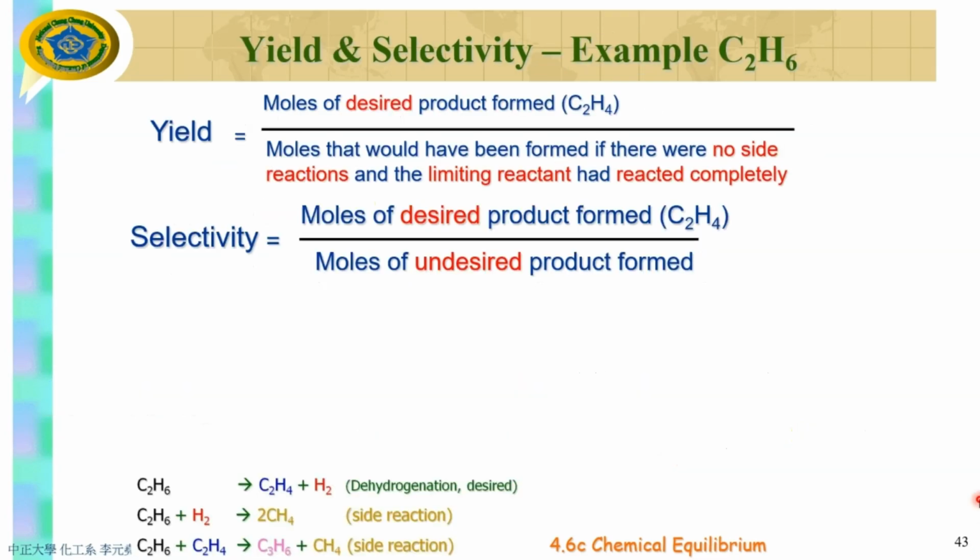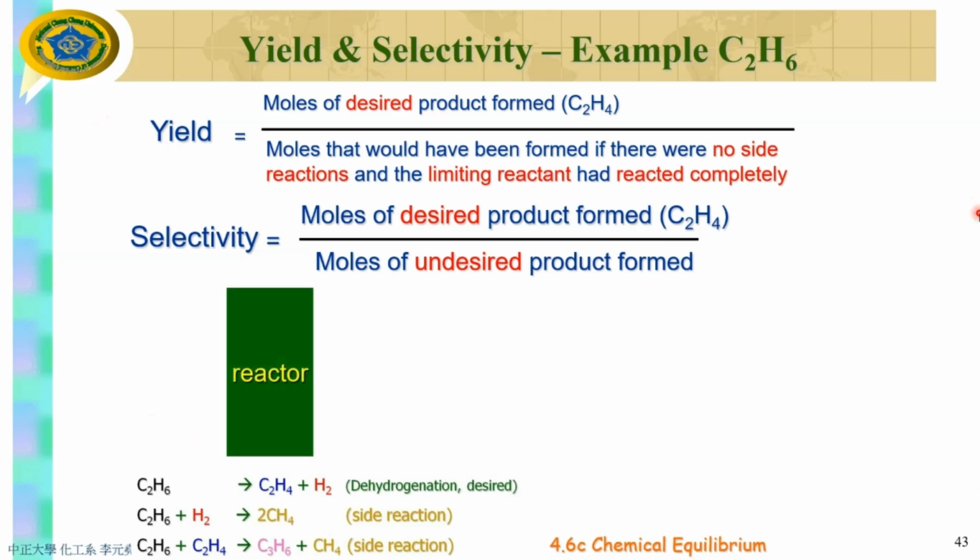So I'm going to give you some examples here. For the yield and selectivity, this is an example of C2H6, and you have the definition here. If you want to write down a flow chart, how can you write it?